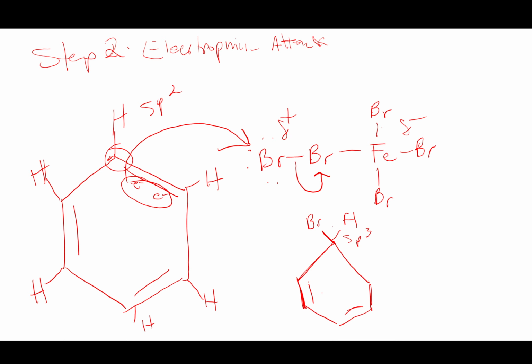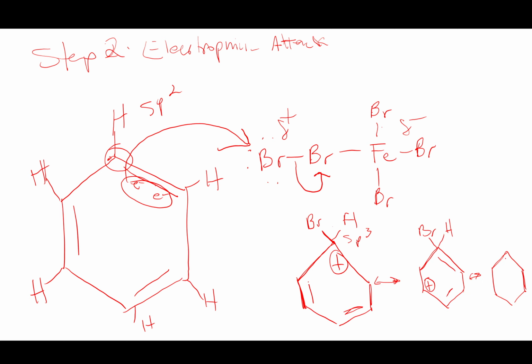And what will happen now is that we're going to have movements of electrons throughout the ring. We're going to have R, H, positive charge, right? So we're gonna have the display of multiple resonance structures.